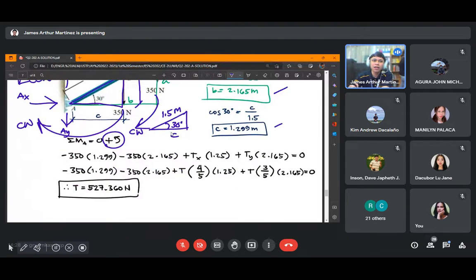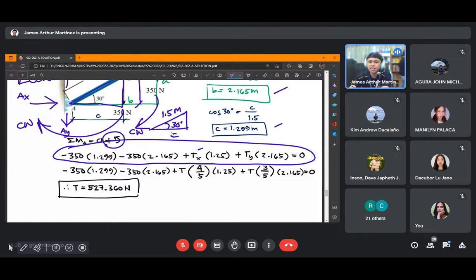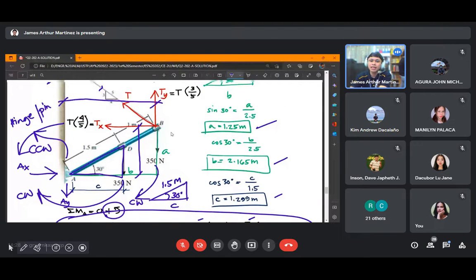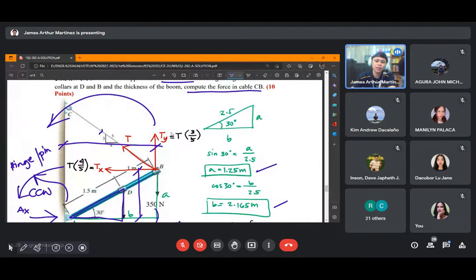So now, considering this first equation, we cannot solve directly because we have Tx and Ty, two unknown variables. But we can actually express Tx and Ty as a function of T. We can get the x and y components. So Ty, the y component, is just equal to T times 3 over 5, and Tx, the x component, is just equal to T times 4 over 5.